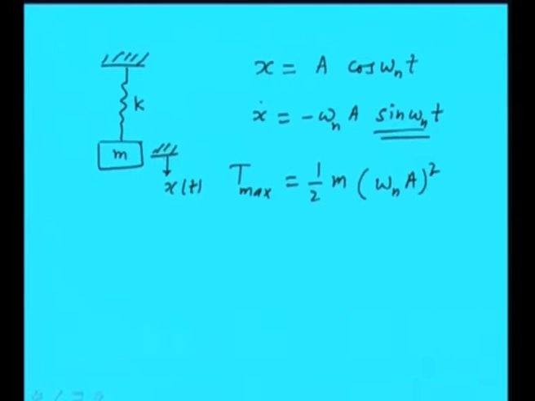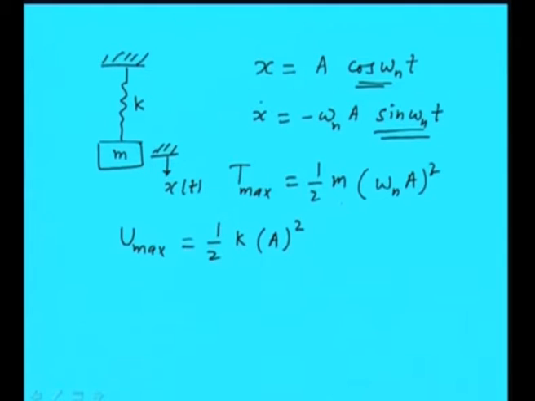and this particular kinetic energy will be at its static equilibrium position, and maximum potential energy will be at its extreme position when the spring is having maximum extension. Maximum displacement will be when this quantity is unity, that means capital A square. So, we got the maximum potential energy and maximum kinetic energy.